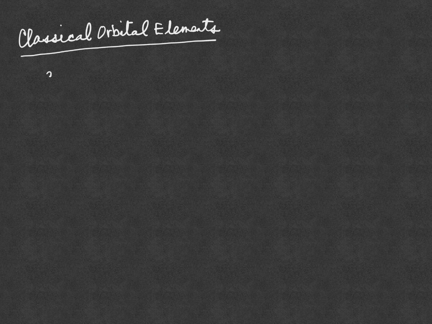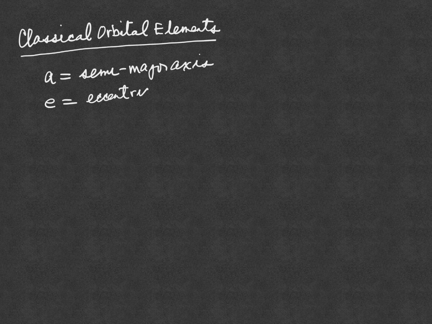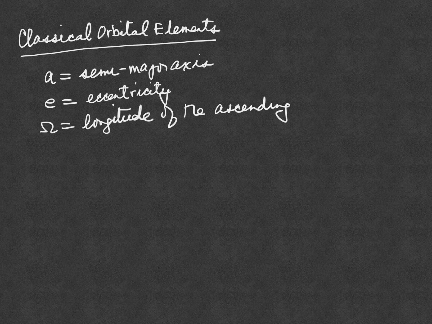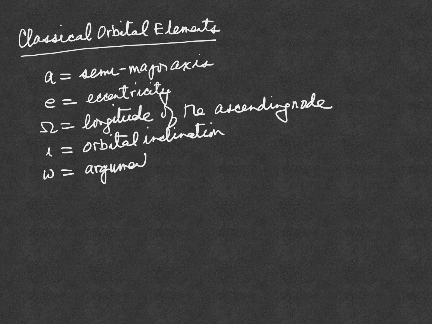These quantities were a, which is the semi-major axis, e, which is the eccentricity, big omega, which is the longitude of the ascending node, I, which is the orbital inclination, little omega, which is the argument of the periapsis, and finally nu, which is the true anomaly.